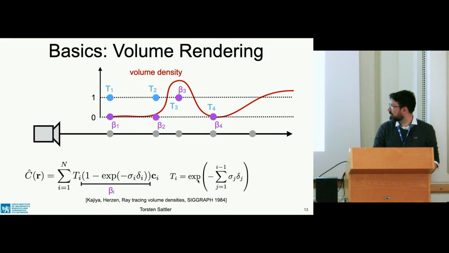So this is a large term, this is a small term. And so on and so on. So hopefully that gives you an idea what volume rendering does: it takes into account individual color samples and weights them based on some sort of visibility. Is this part visible, or should it be visible or not?